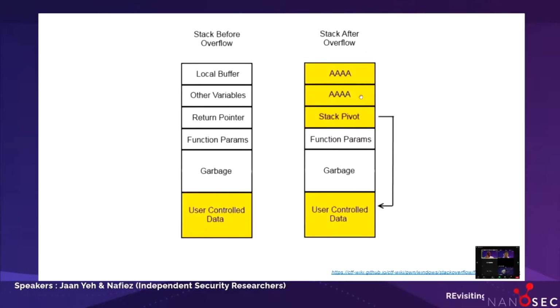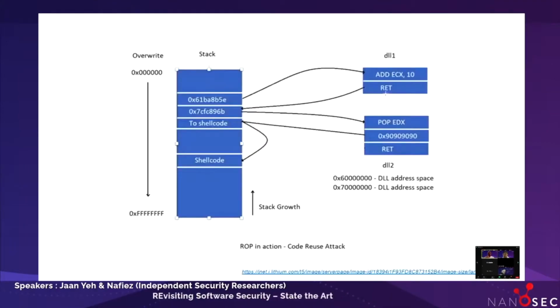So let's go back to the past. The stack overflow is easy, and we can simply overflow things, get a function pointer, control things and execute whatever we need. Then we saw ASLR being improved, and the attack needed another effort, for example code reuse, called return-oriented programming.